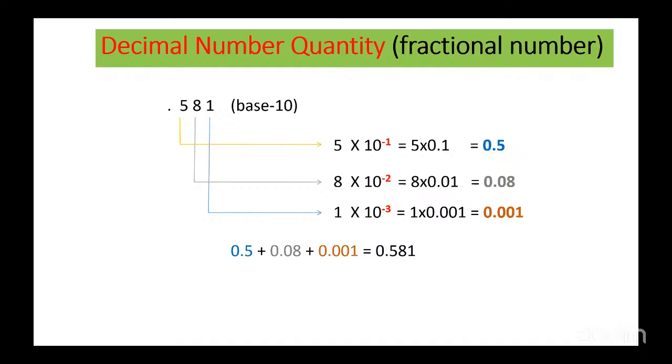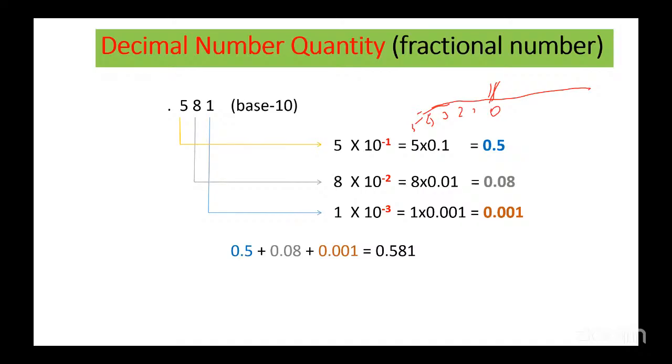But here, from left to right, the power value is decreasing. How, sir? You can see. This is the point, the 0. Toward the left, the powers increase: 1, 2, 3, 4, 5.